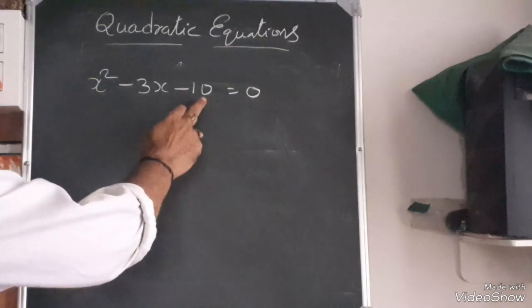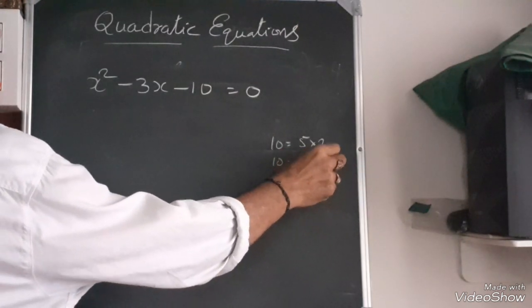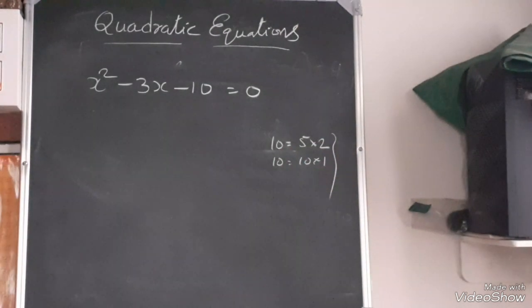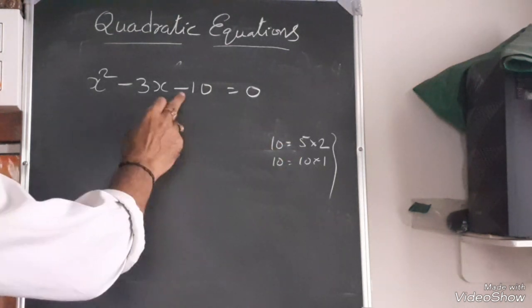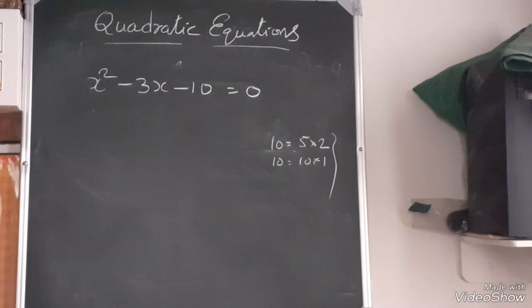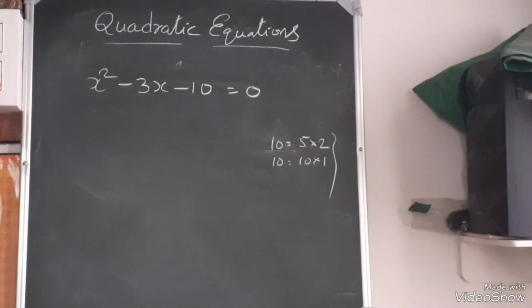Here you have to take the factors of 10. For 10 we usually get 5 into 2 and 10 into 1, in these two cases. Now which pair can we take here? What is the sign here? Minus. What is the coefficient of the middle term here? 3.